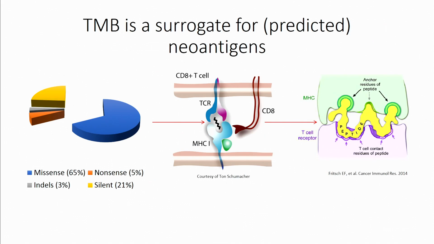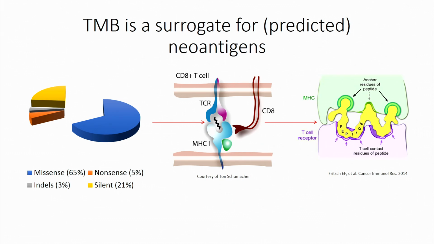I think that before we talk about TMB, an important question is why does TMB predict response to these therapies? And the pie chart to the left shows that we need to think about the type of mutation within the tumor, the type of mutation that leads to a change in the amino acid, so the immune system can recognize this as a foreign or non-self protein. So when we think about TMB, we don't typically count the silent mutations and probably not the nonsense mutations because there's less of them.